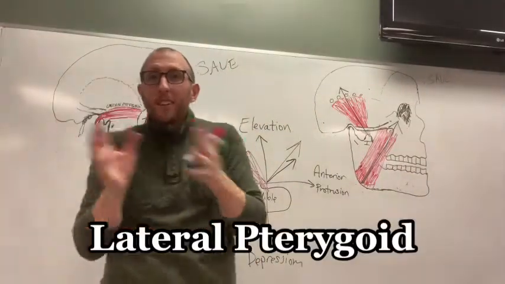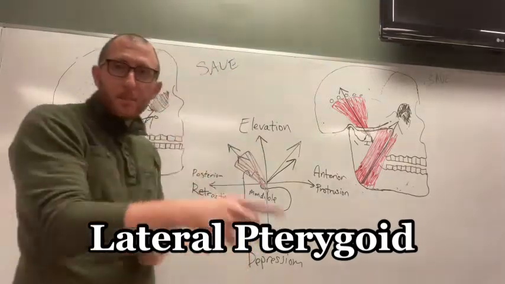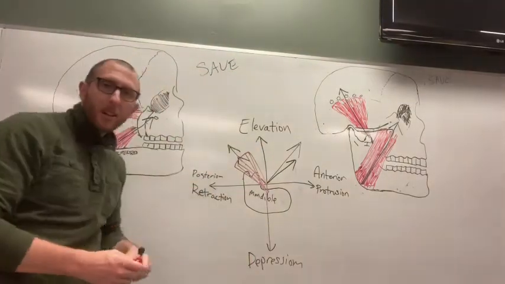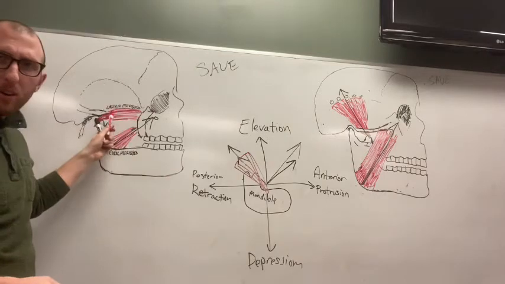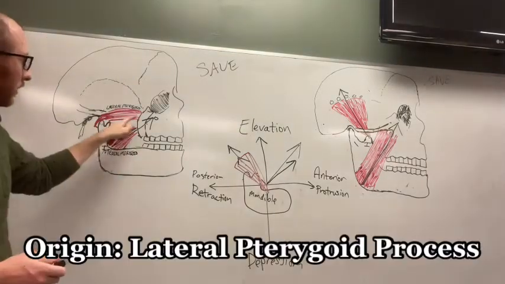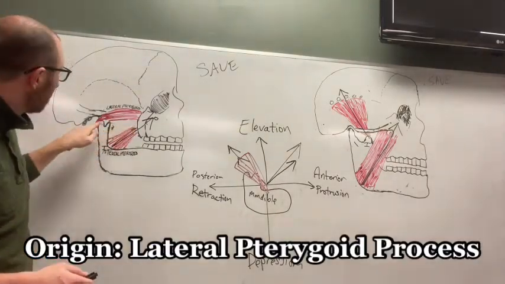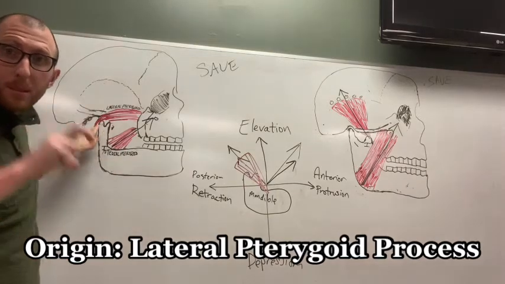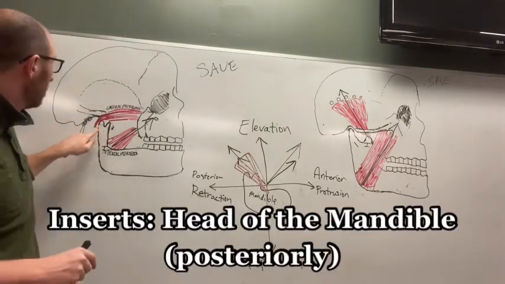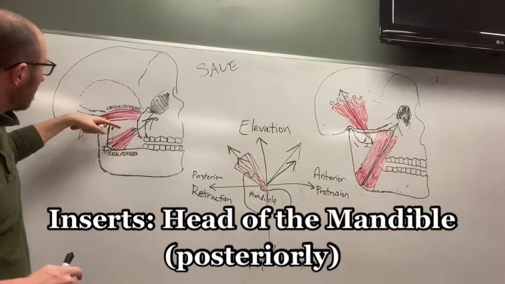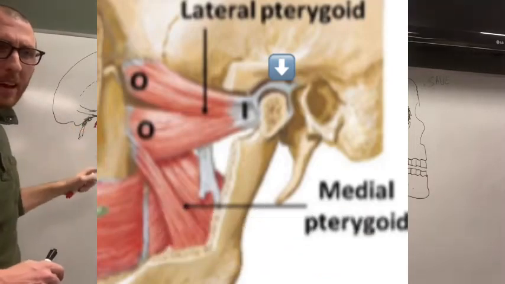We're on to the final one. Lateral pterygoid. It's a little bit different, so I'm going to use some tape to show you guys this one. But here is the lateral pterygoid, coming from the lateral pterygoid process over to posterior, behind the head of the mandible. It's key to know that this is wrapping up and around the head of the mandible.